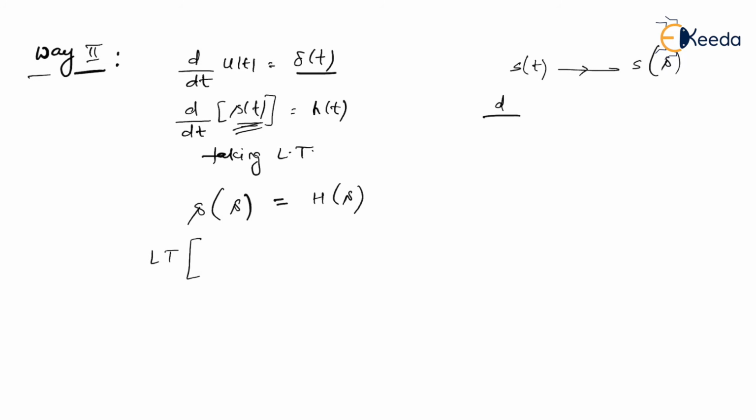Am I right? But if it is the derivative of s of t, then we know that it is s times S of s. I hope you got my point. So we need to include this s over here. So it is s multiplied by S of s.